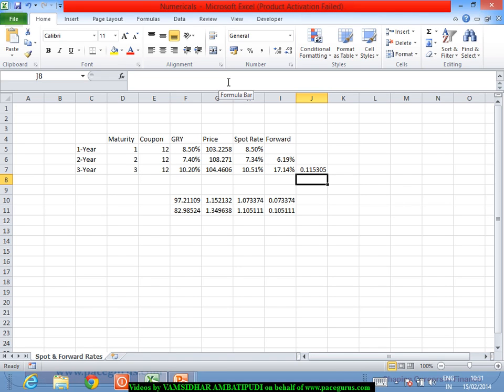So the 2-year forward rate 1 year from now, meaning the forward rate between 1 and 3 years, is going to be 11.53%. So you can use any combination. Once you have the bonds of different maturities, you can very well get into the computations of the spot rates and the forward rates associated with the different maturities.